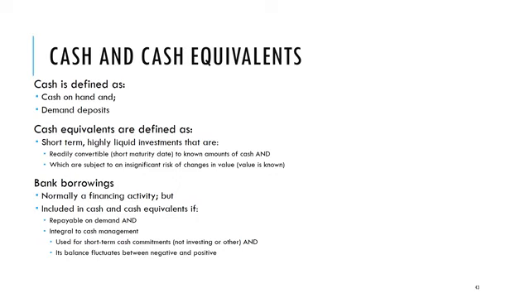So this is really a rehash of some of the information we went through in our previous lecture. Now, bank borrowings are normally considered to be a financing activity when we think of things like loans, etc. But we do have an exception where things such as a bank overdraft can be included in cash and cash equivalents. It would be on a negative basis, so you would have it in brackets. You can include that in cash if it's repayable on demand and integral to cash management.